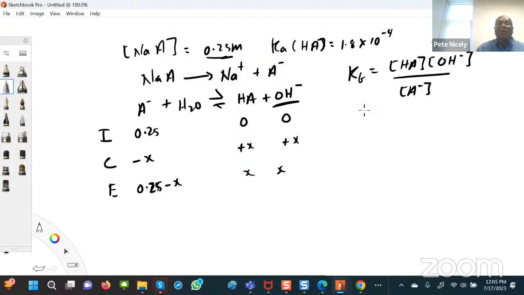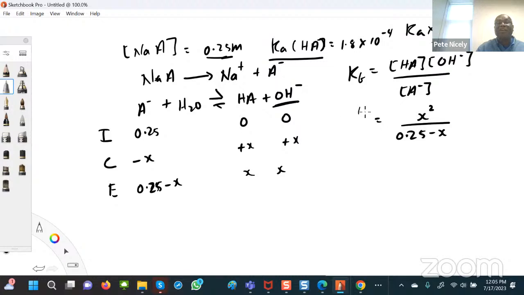So all we have to do now is plug in the terms, and you're going to end up with X squared over 0.25 minus X, and that would be equal to Kb. Now the thing is, we don't have Kb for the base, but we have Ka for the acid. So remember, Ka times Kb is equal to 1.0 times 10 to the minus 14.